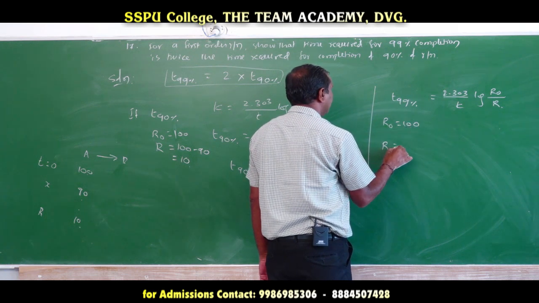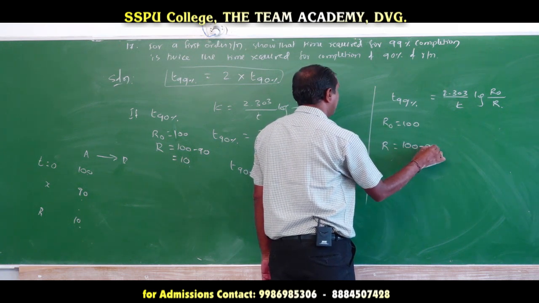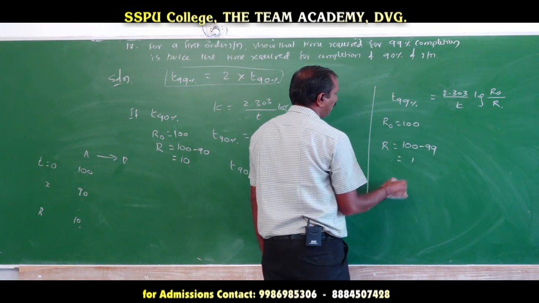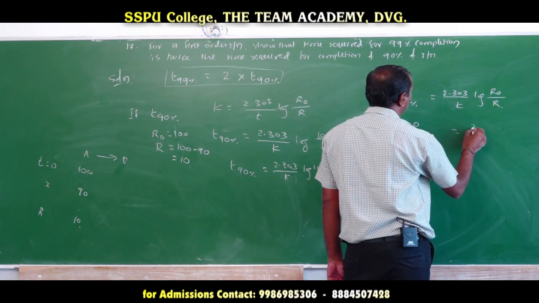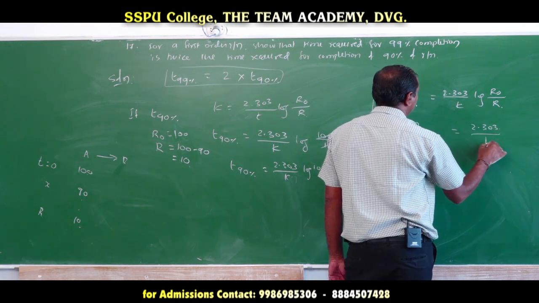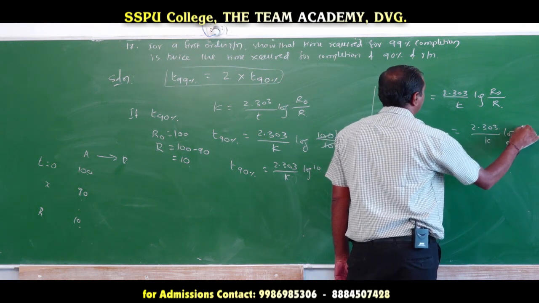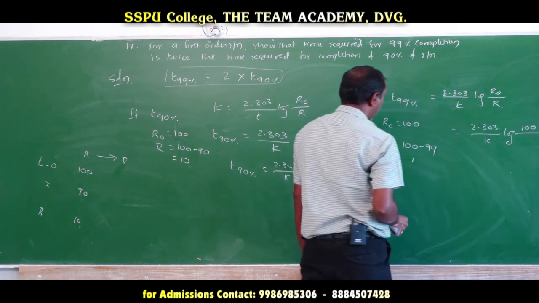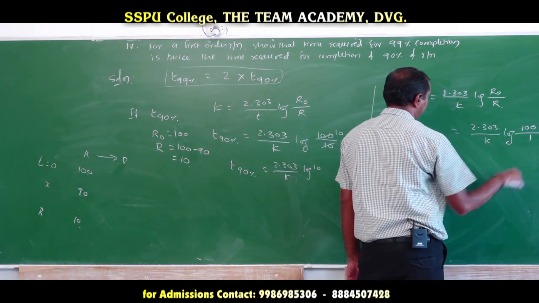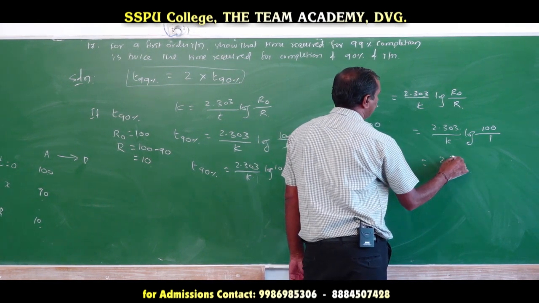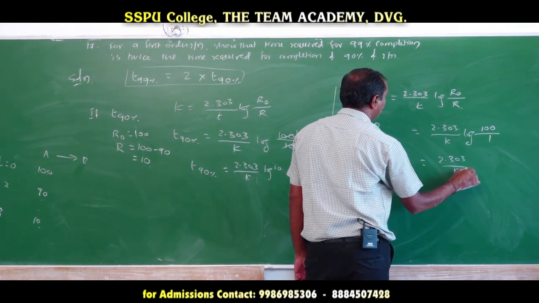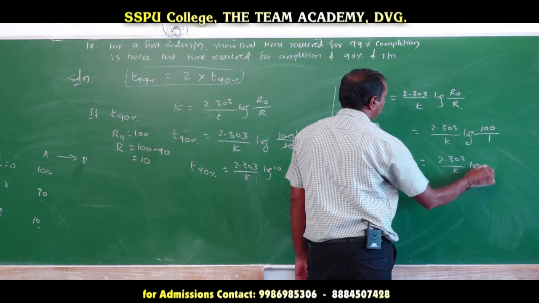Left behind is 100 minus 99, nothing but what? It should be 1. So therefore it becomes 2.303 by K into log of 100 by R. R value should be, left behind is 1. 2.303 by K into log 100.